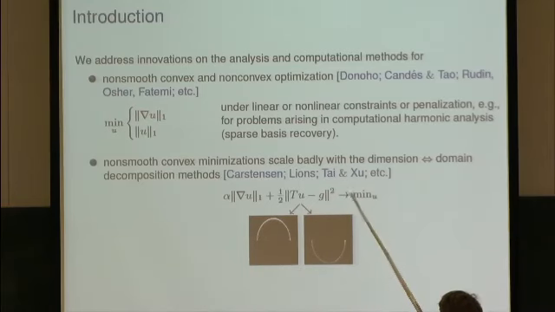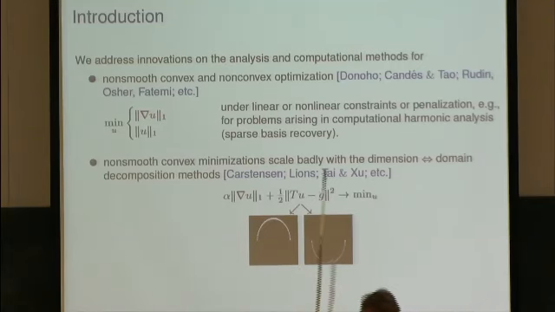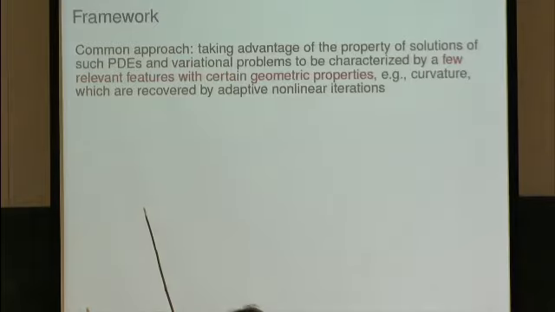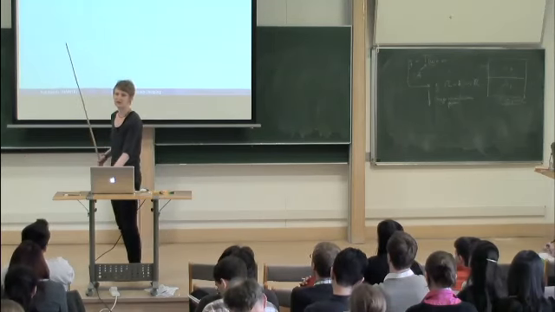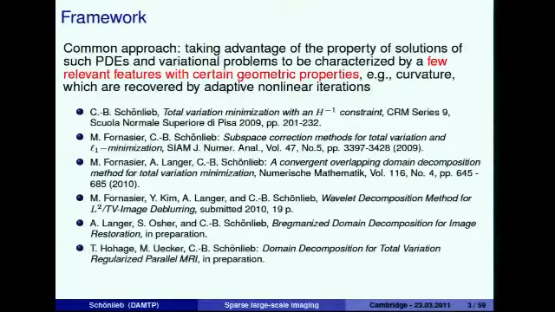And I do this not on the whole domain omega; I'm minimizing this on omega 1 and omega 2, and then I stitch together the solution. Just to give you an idea of the point of view that I have on this, I give you some references.